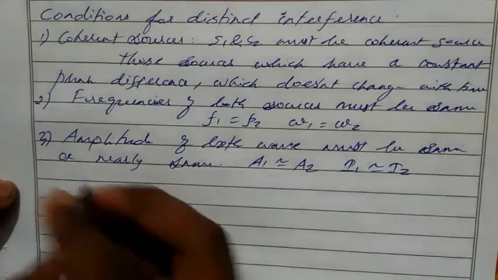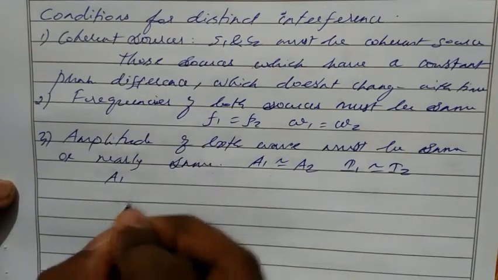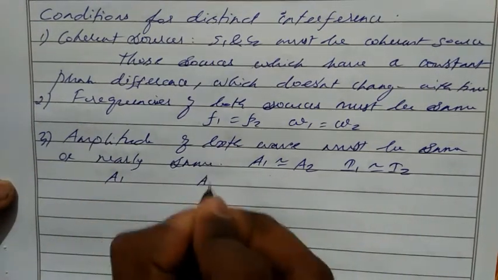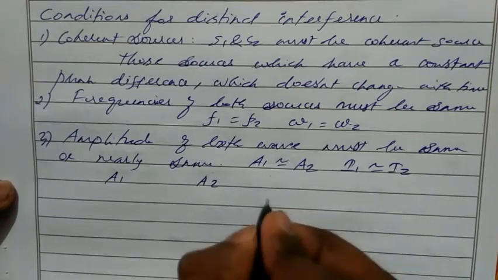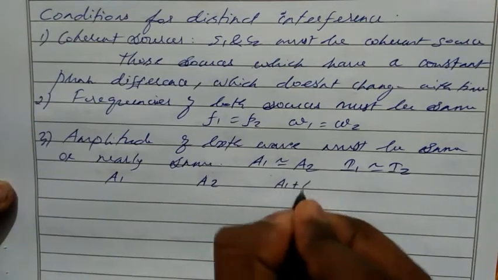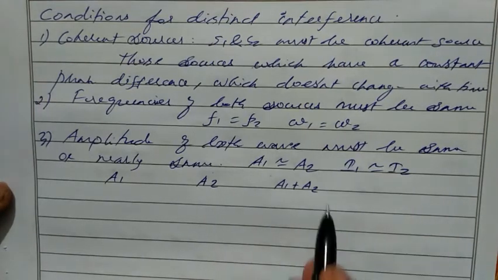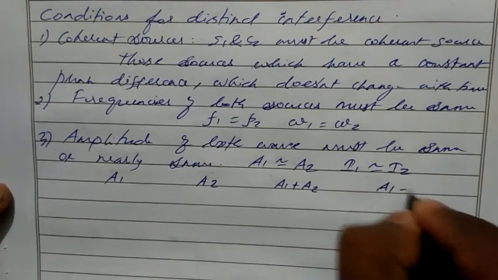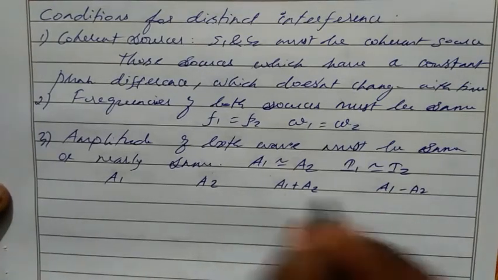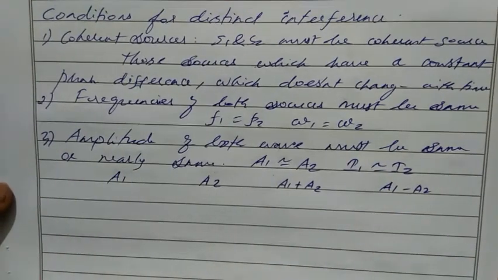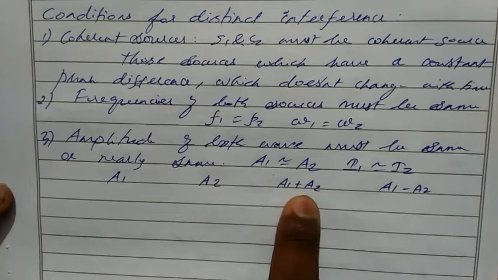So if I take, for example, the first light and the second light, with the sum of amplitudes meaning constructive interference, and here I take the difference for destructive interference. So both will be added and both will be subtracted. If both are added, we get constructive interference.